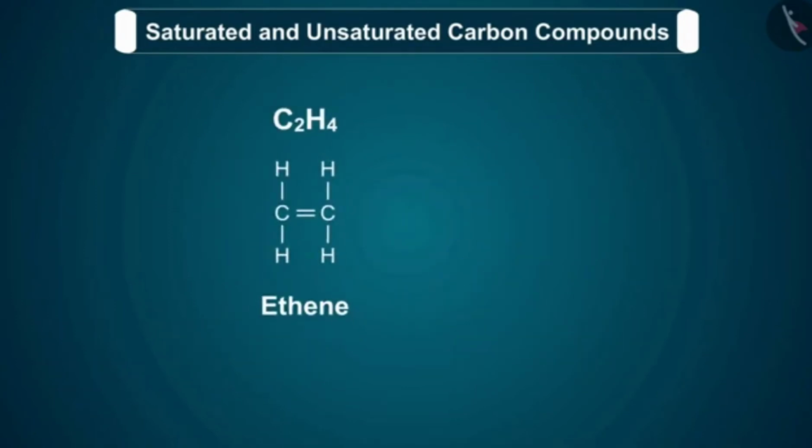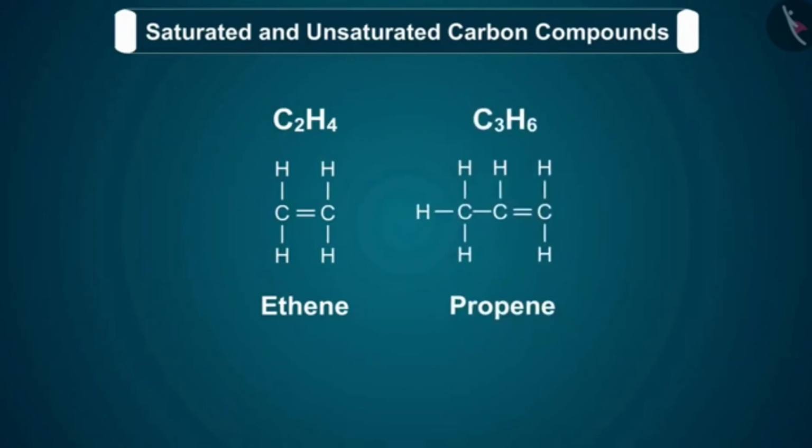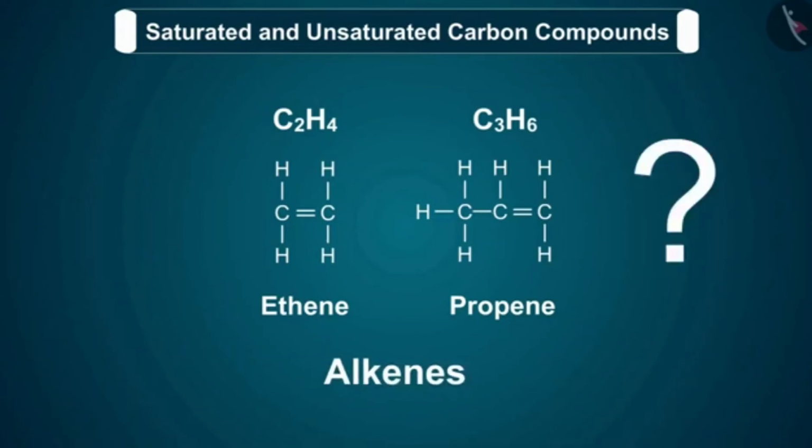Ethene, C2H4, and propene, C3H6, are two alkenes. Why? Because they contain a double bond between two carbon atoms. There is also an interesting fact. Do you know, children, that there can be no alkene having only one carbon atom?